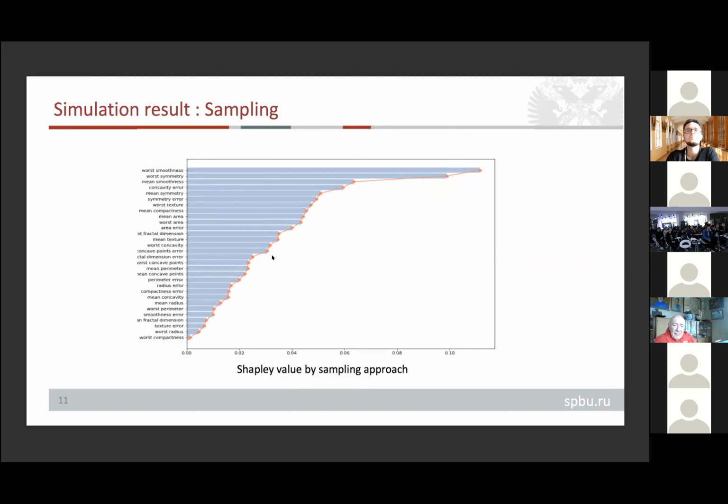And here are the results from the simulation of the sampling. I compared the two figures, and currently it is hard to measure and compare them. I think the next step for us is to continue analyzing the results.